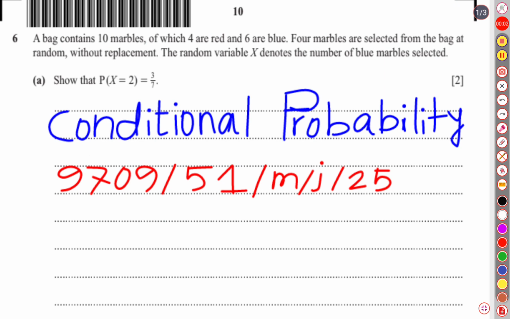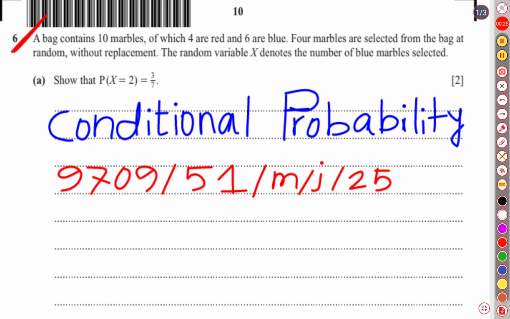Our present topic is conditional probability, and under this topic we have chosen the first question from paper 9709/51 for the session May June 25. Question number 6 belongs to the mentioned topic. Let's read question number 6.